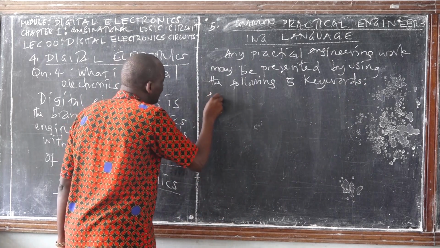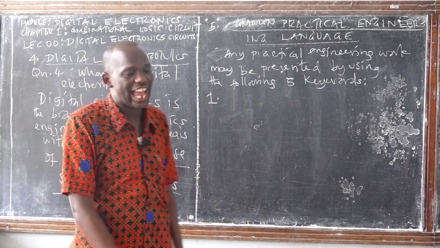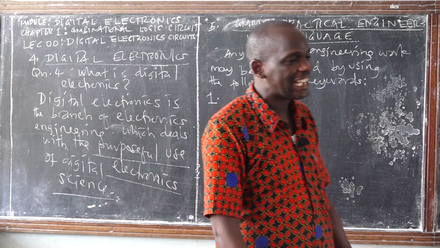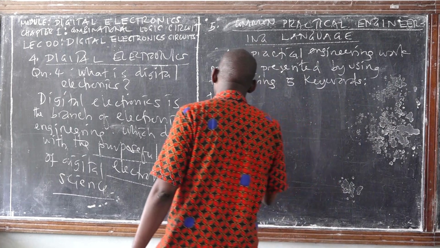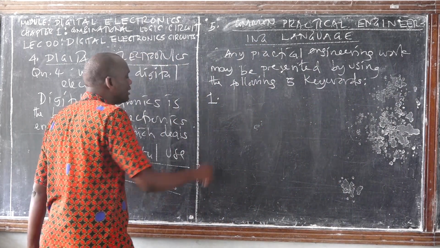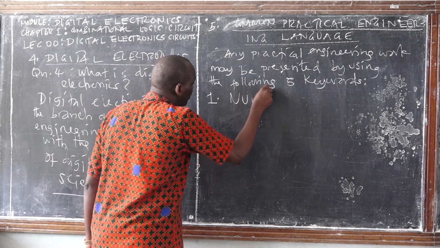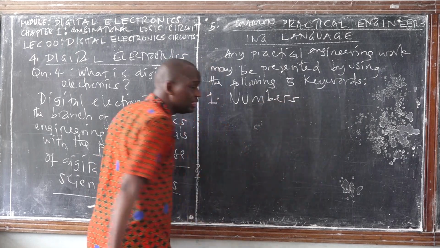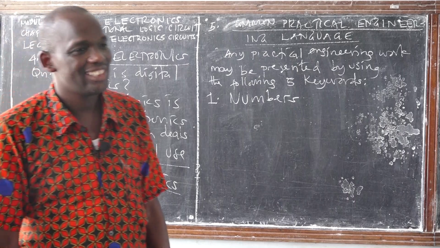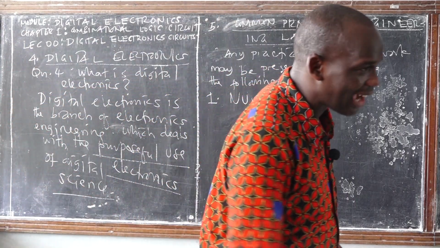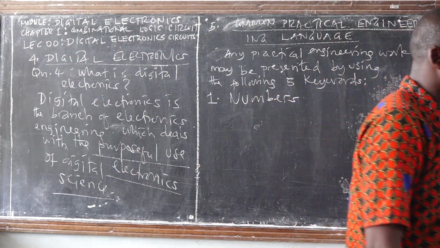Engineering, regardless of whether it is mechanical, electrical or electronics engineering, if you talk practically, you have to talk by using the following 5 keywords. The first one: engineering is all about numbers. Say numbers. If you like engineering, you have to learn to speak in terms of numbers.